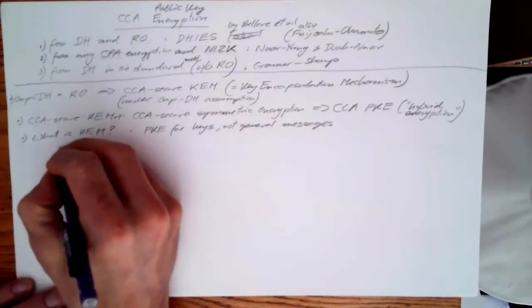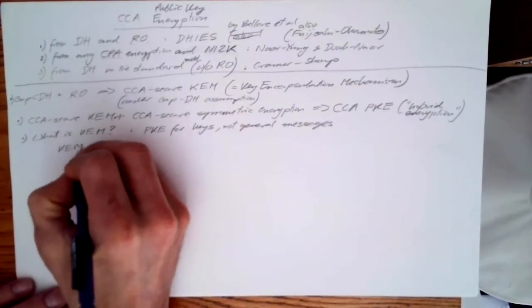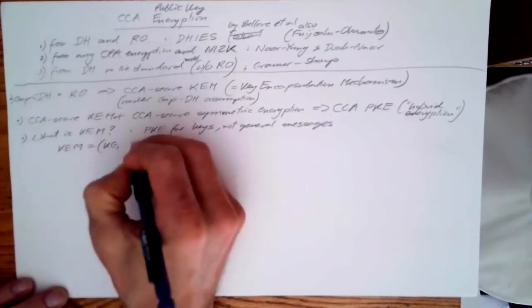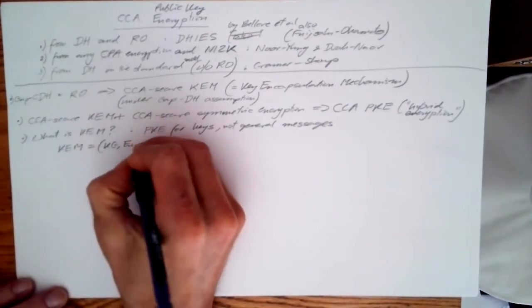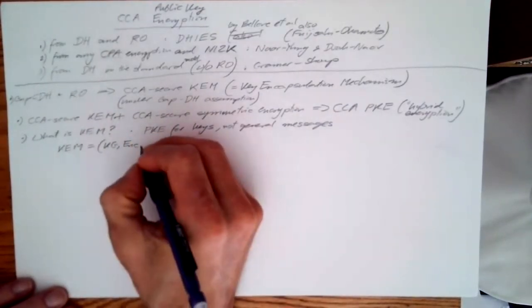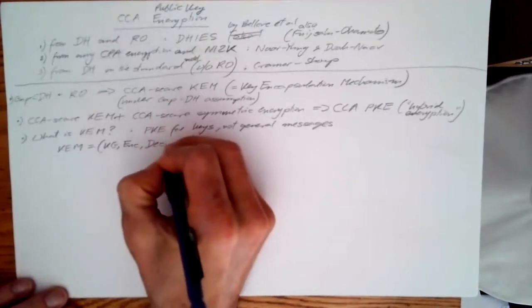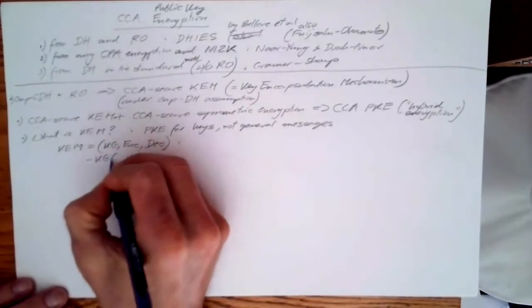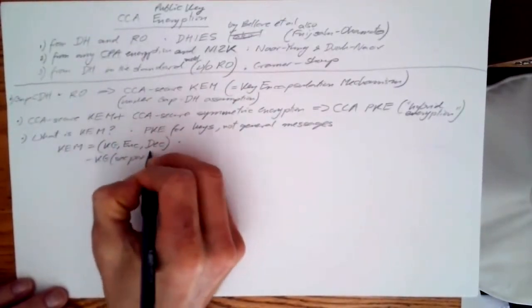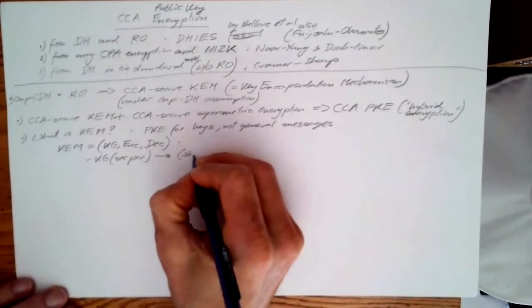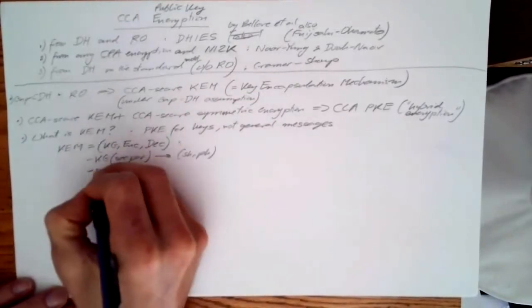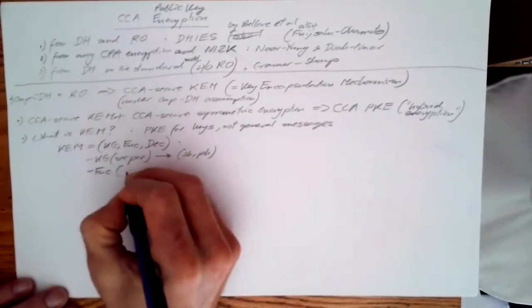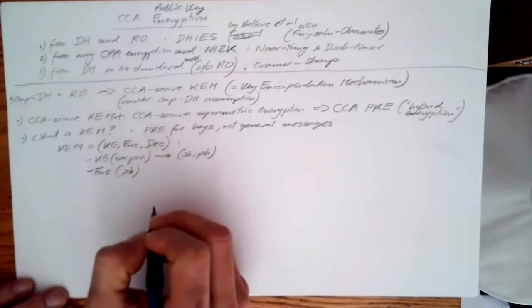Okay, so in other words, KEM is a triple of algorithms: key generation, encrypt, or sometimes called encapsulate, and decrypt, which work like this: key generation on security parameter outputs a secret key, public key pair. Encapsulate just takes the public key as an input.